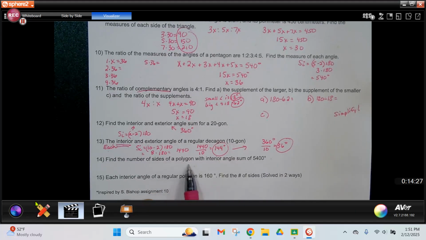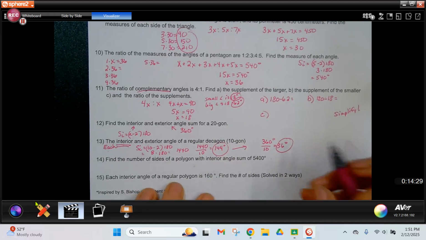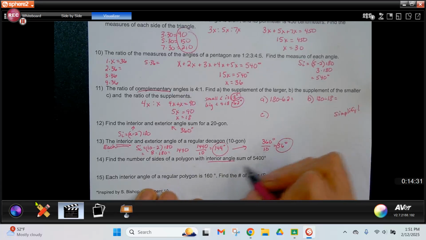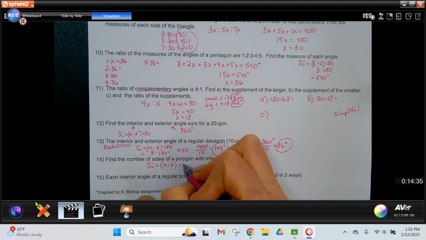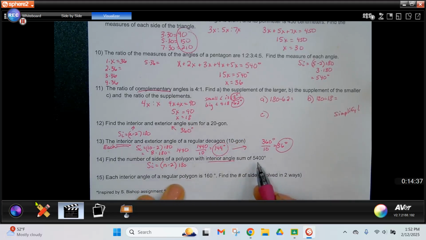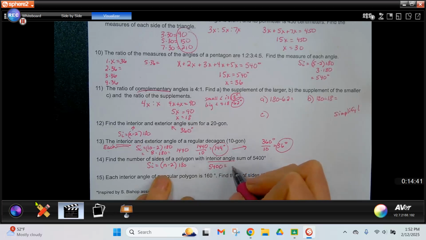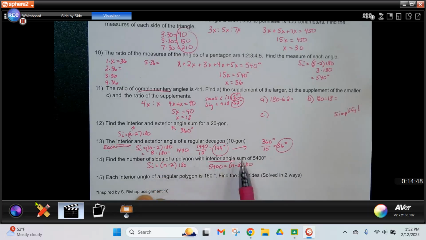To find the number of sides of a polygon with interior angle sum 5400, we're going to use S sub I equals n minus 2 times 180. So I'm going to take 5400 and substitute it in for the S sub I, and we're going to solve for the n. So I just took this formula, and I know that the sum is 5400, so that goes there.